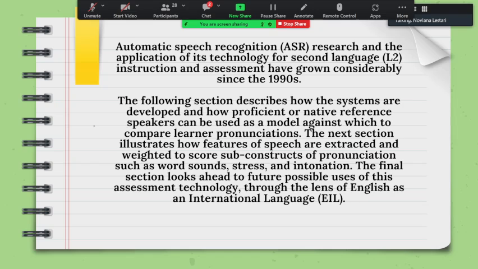The next section illustrates how features of speech are extracted and weighted to score some construct of pronunciation such as word sounds, stress, and intonation. The final section looks ahead to future possible uses of the assessment technology through the lens of English as an international language.